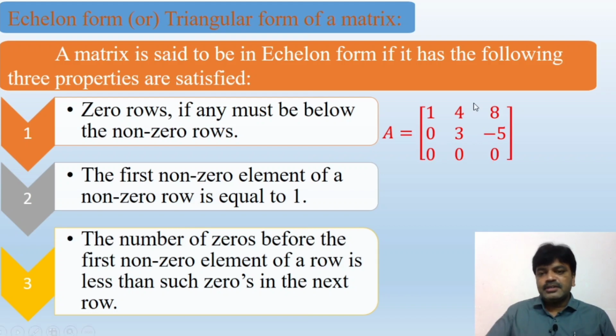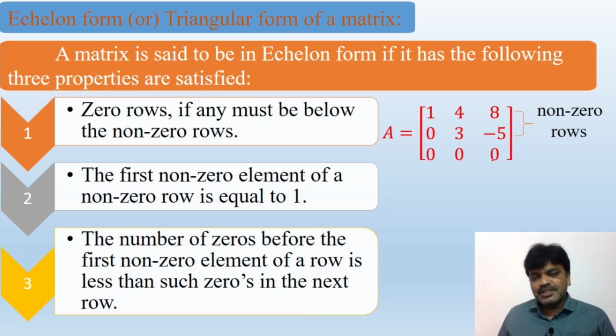Now if you observe the first 2 rows, 1 4 8 and 0 3 minus 5, here we have non-zero elements. So these two rows are non-zero rows. Now the last row, 0 0 0, all the elements are 0. So the third row is a zero row. The first property says zero rows, if any, must be below the non-zero rows.